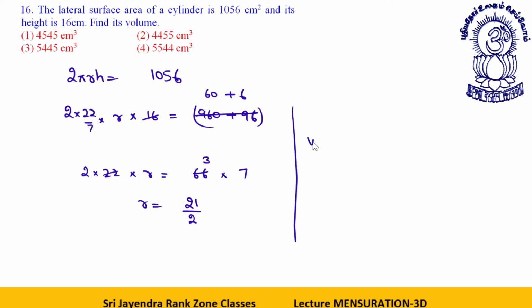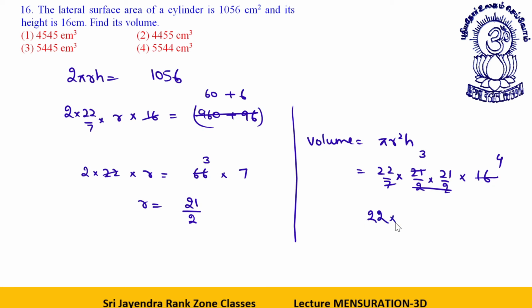Now what is the volume? Pi r square h. 22 by 7 into 21 by 2 into 21 by 2 into 16. 2 and 2 will give you a 4 over here. This will be like 3. So this becomes 22 into 3 into 4, that is 12 into 21.